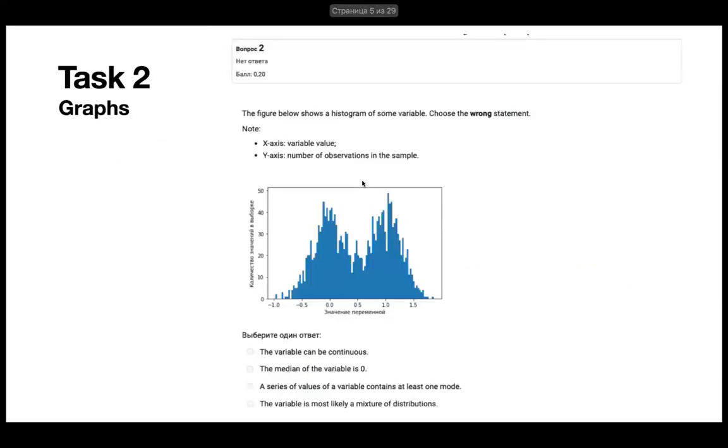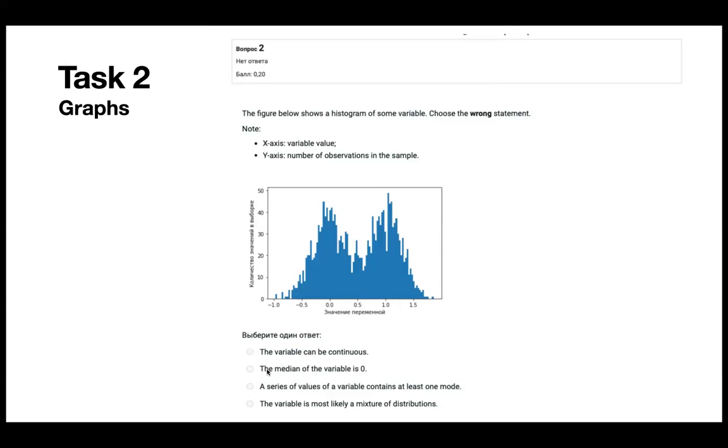So let's get back to the task, and let's take a look at the statements. The variable can be continuous. Yes, that's true, because we can see that we have values like 0.5, and that means that the variable isn't discrete, and it most probably will be continuous.